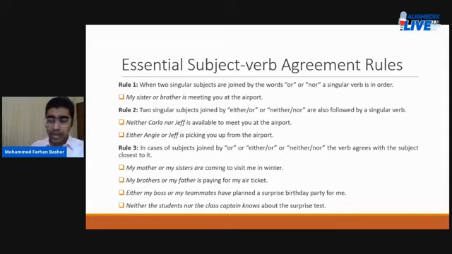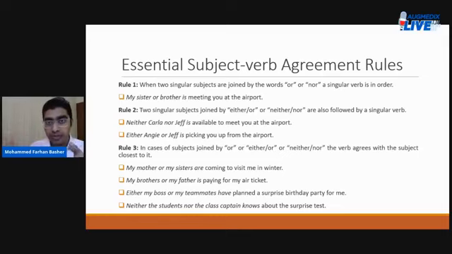Rule number 3. In cases of subjects joined by "or," "either...or," or "neither...nor," the verb agrees with the subject closest to it. Be a little more observant for this particular rule. In many cases, "or," "either...or," or "neither...nor" is joining a plural subject with a singular subject.